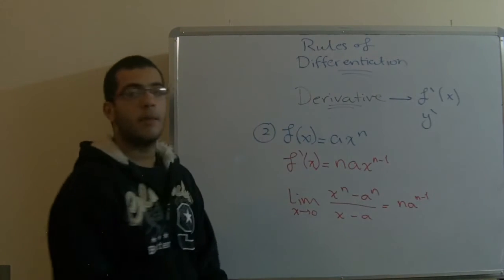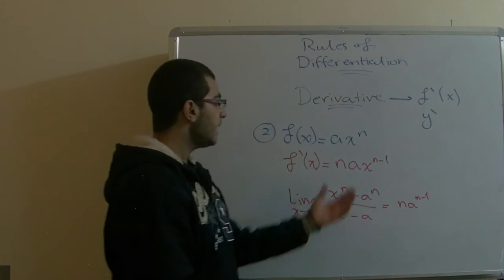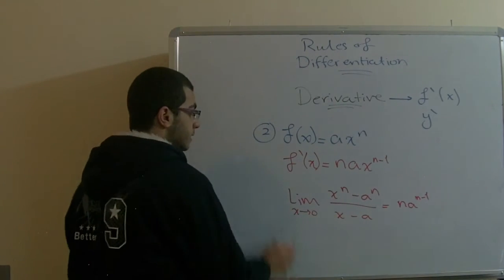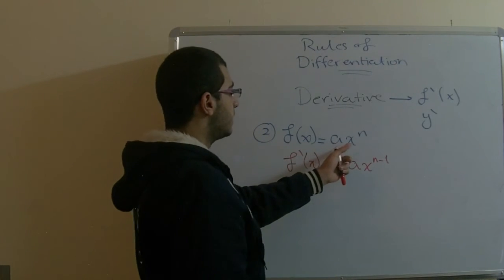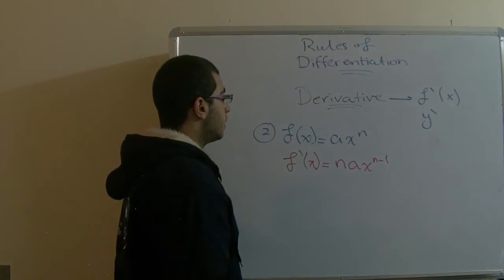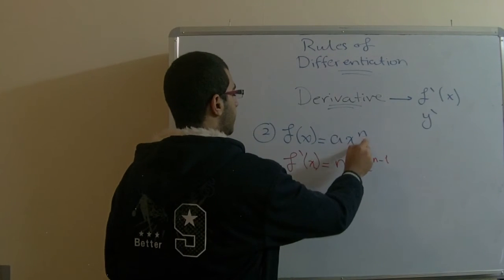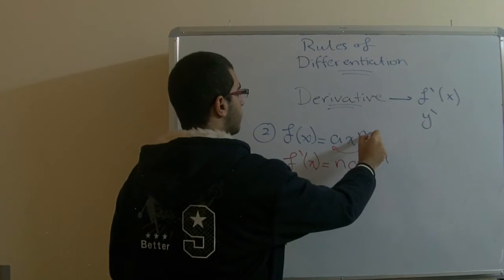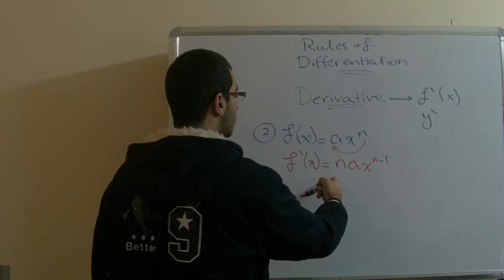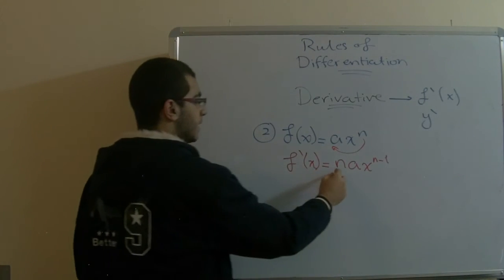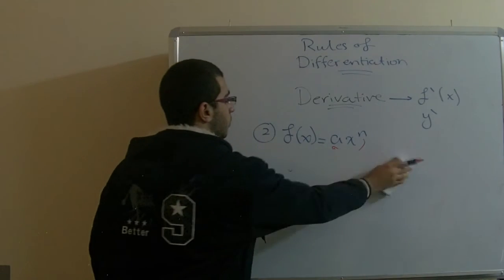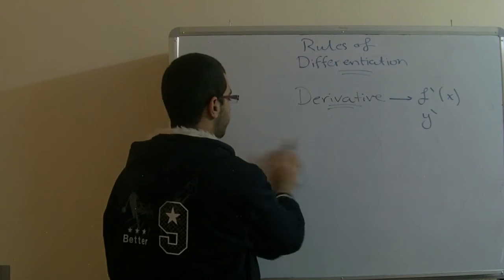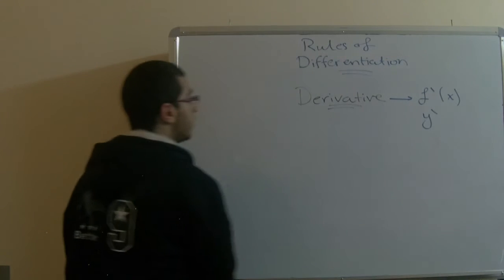This is the same way. Here we have a function of a x to the n. We drop the n downwards and subtract 1 from it to give f dash x equals n a x to the power n minus 1. We will have some examples to show how these rules work.